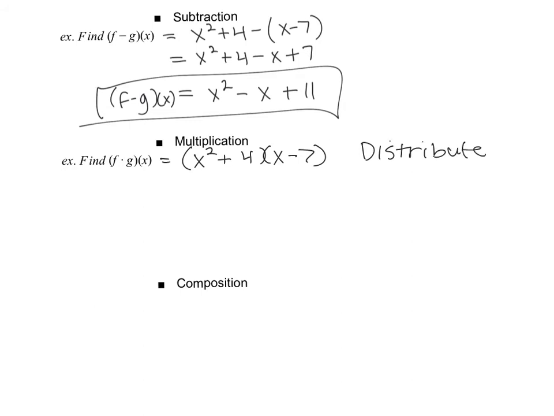So x squared times x is going to give us x cubed. x squared times negative 7 is going to give us minus 7x squared. 4 times x is going to give us 4x. And then 4 times negative 7 is going to give us negative 28. And none of these have a like term, which means f times g of x is going to equal x cubed minus 7x squared plus 4x minus 28.